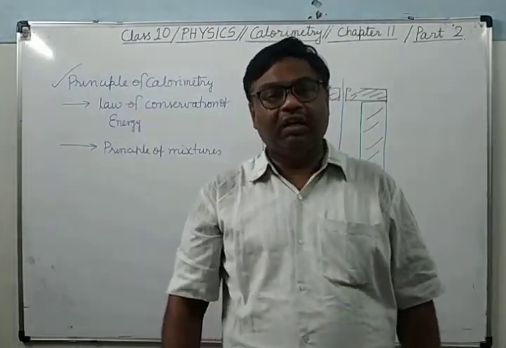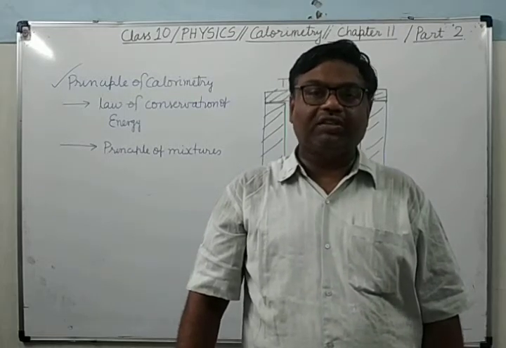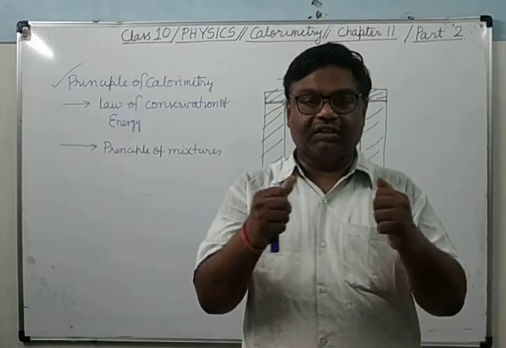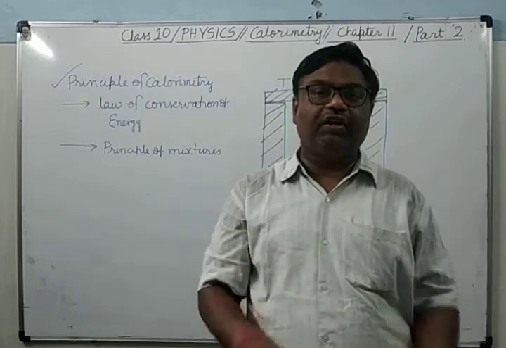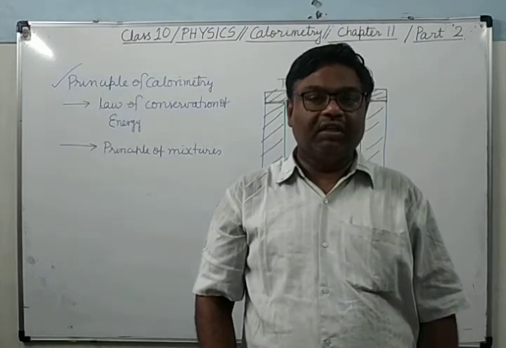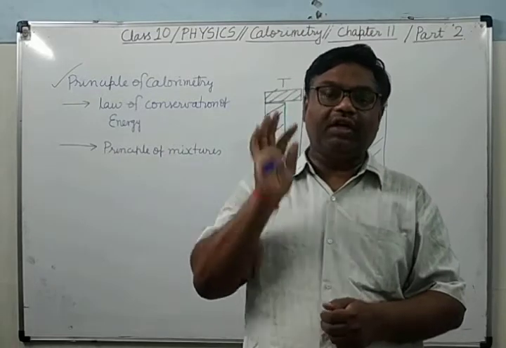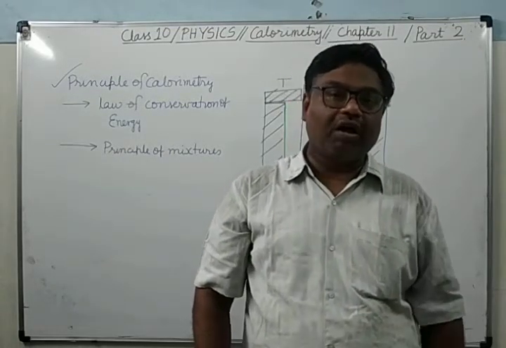It's clear? Now if there is no loss of heat to the surroundings during the exchange of heat from one body to another, then heat lost by heated body will be equal to the heat gained by cold body. This is the principle of mixtures.